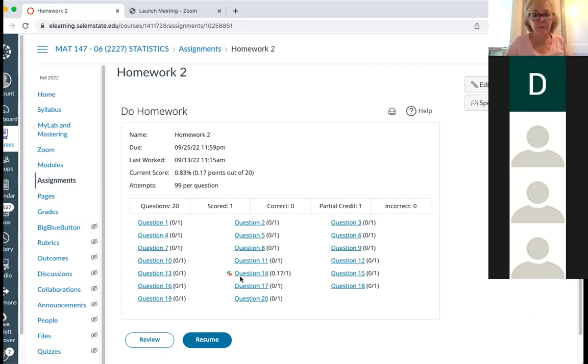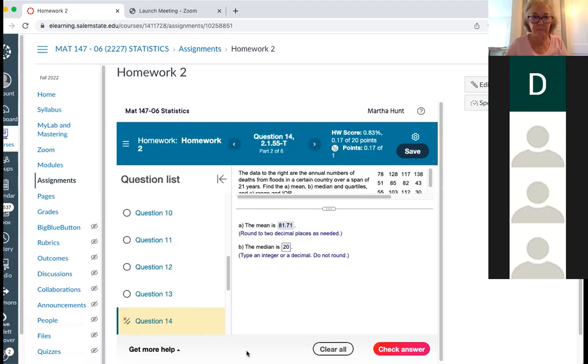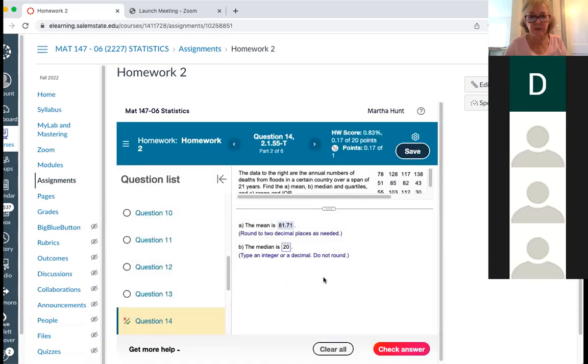I played around with 14 and then I aborted it, so we'll have to look at it again. Okay, so I'm going to check that answer on that one. And it's incorrect, just as well. Okay, so we have to redo the problem.